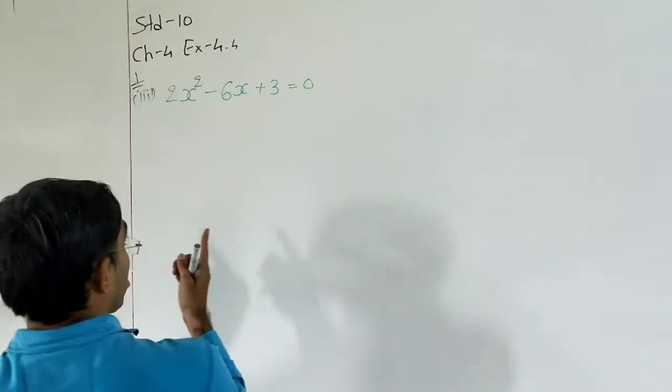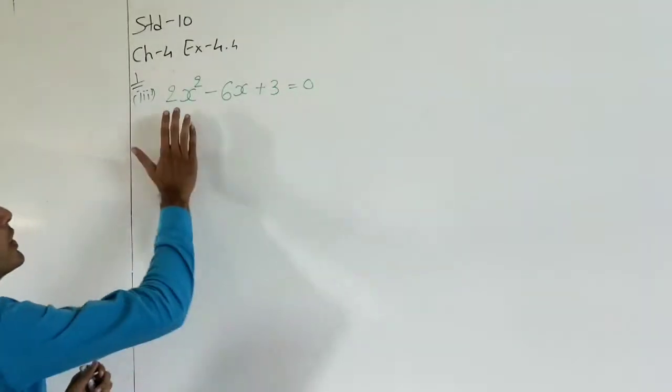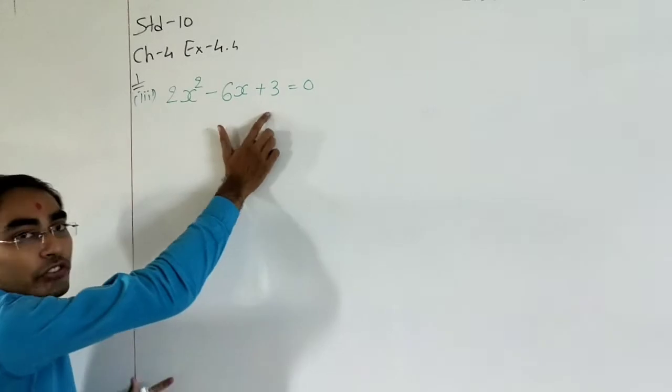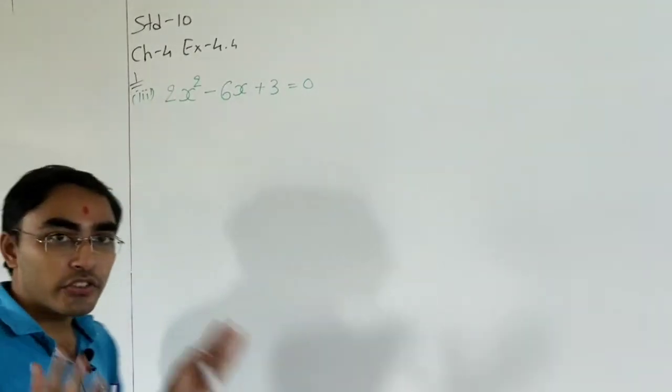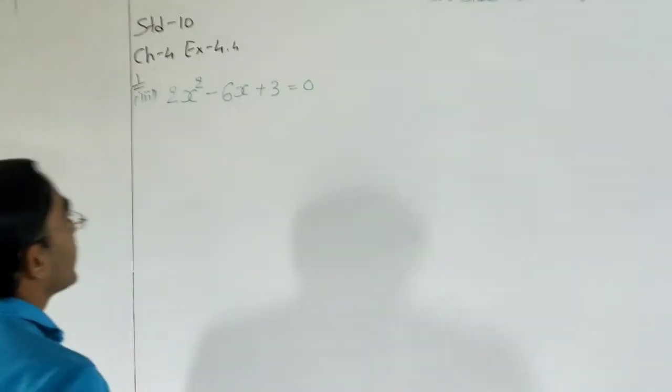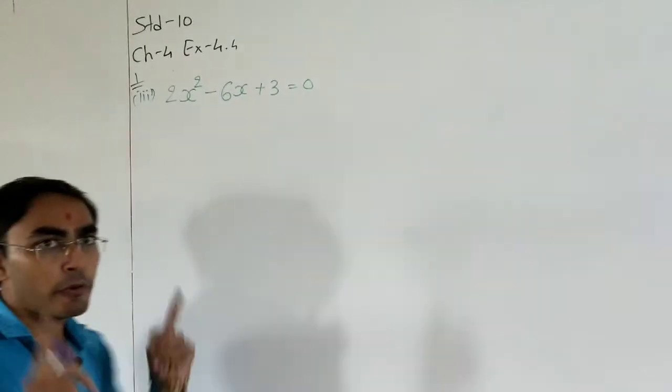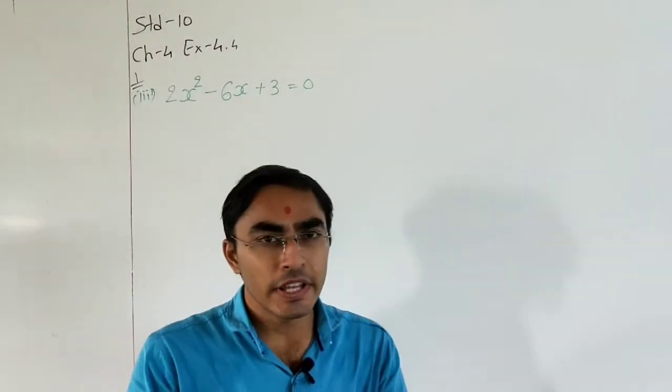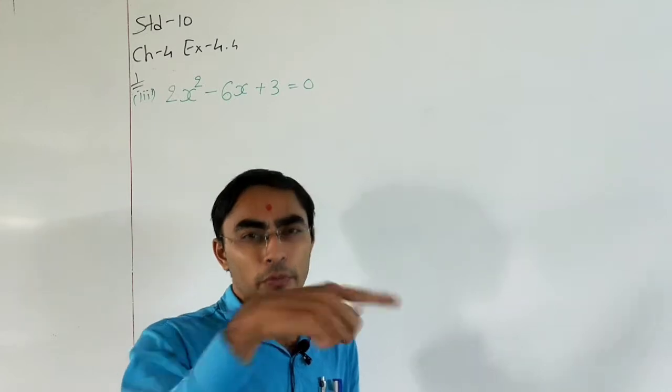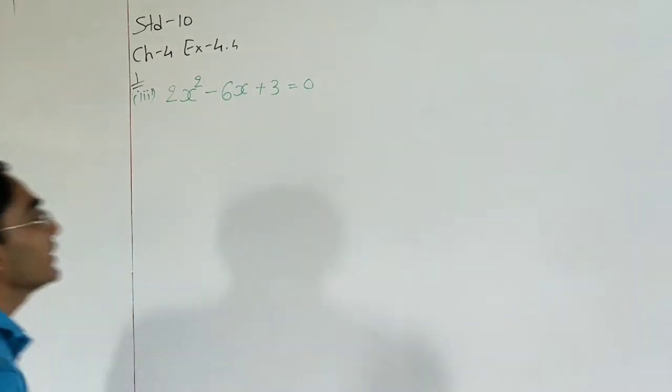Next is question number 3. 2x square minus 6x plus 3 is equal to 0. So first of all, what we need to do? What are you thinking right now? Comparison with standard form, right?